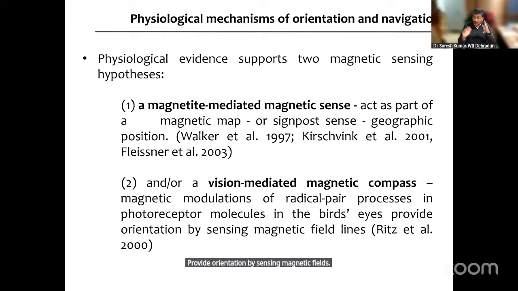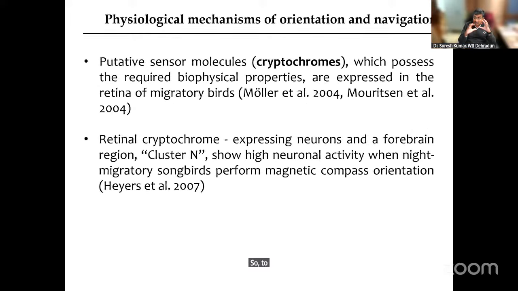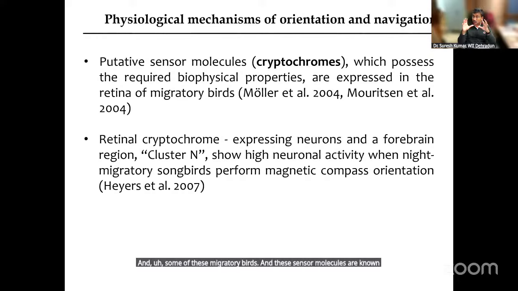fields. So to simply put it, there are certain sensor molecules in the retina of certain birds, some of these migratory birds, and these sensor molecules are known as cryptochromes, and these become more expressed in these migratory birds during a certain time of the year.